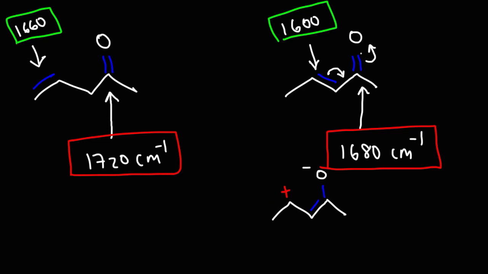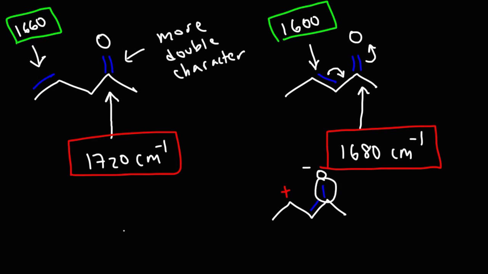So looking at the double bond of the conjugated ketone, and let's compare it to the double bond of the regular ketone. Which one has more double bond character? The answer is this one. This one has more double bond character because it can't become a single bond through resonance. The conjugated ketone can become a single bond through resonance, so it has more single bond character.